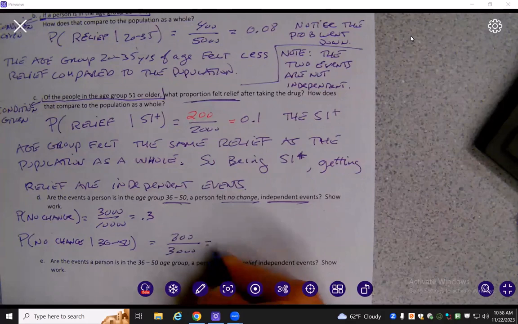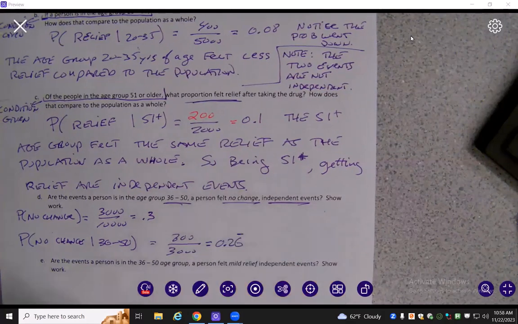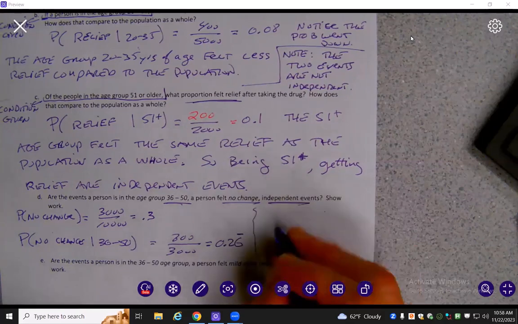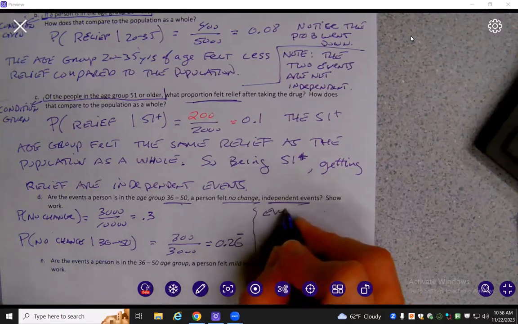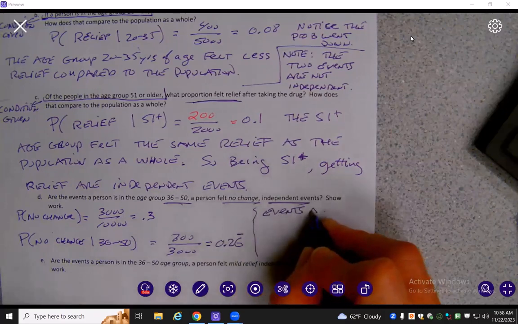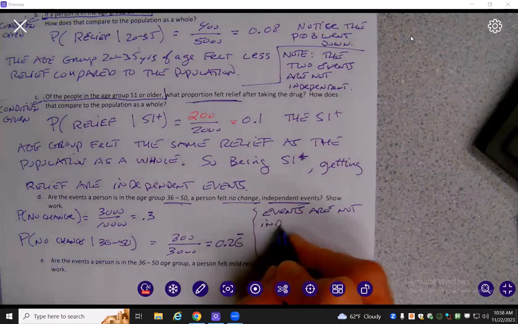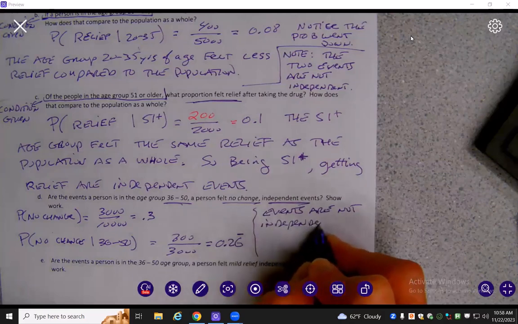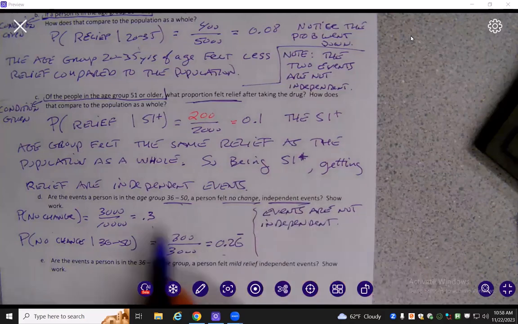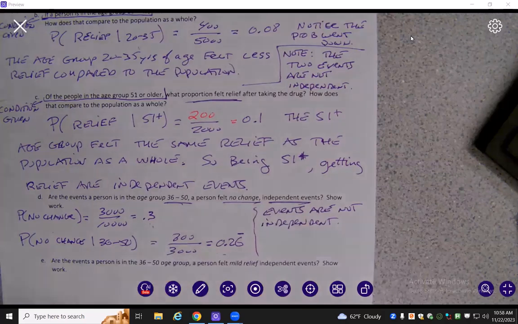So when I divide this out, I get 0.26. So again, notice, the events are not independent. These two numbers are not the same, so we don't have independence.